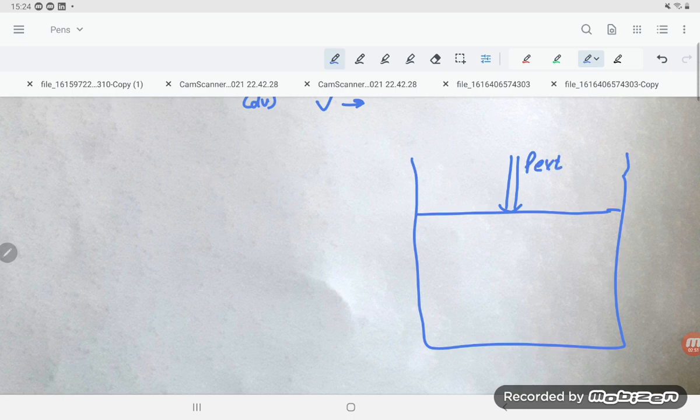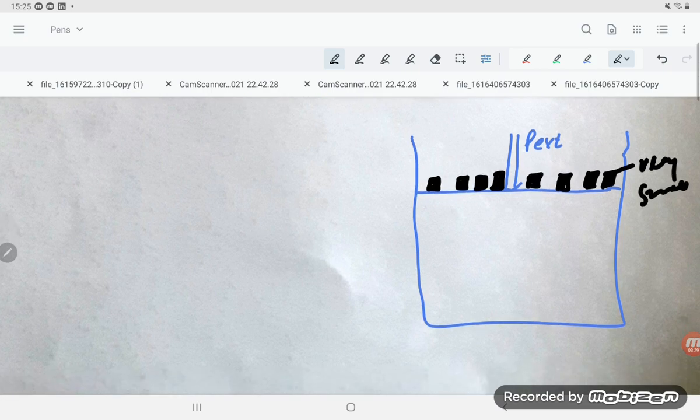This is the P external, and on this P external there are small particles, very small, one part of a thousand. So if they are very small, what will happen if you remove them? It will expand.